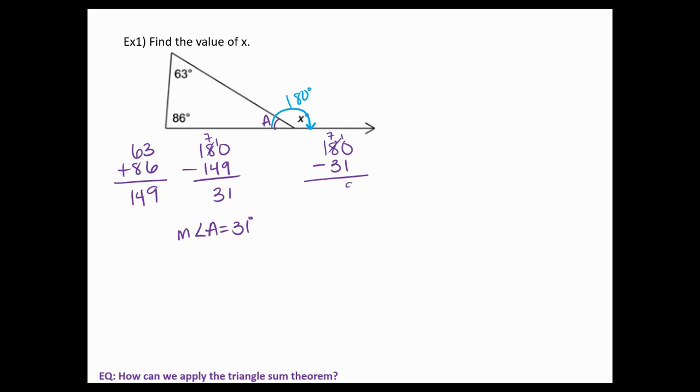Fantastic. So I have 10 minus 1 is 9, 17 minus 3 is 14, 149. So I get that X equals 149.